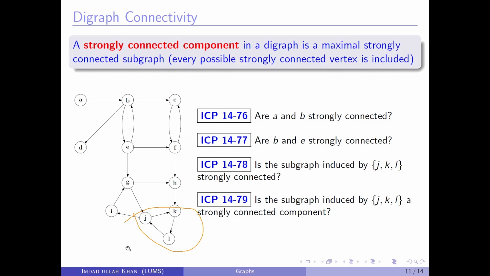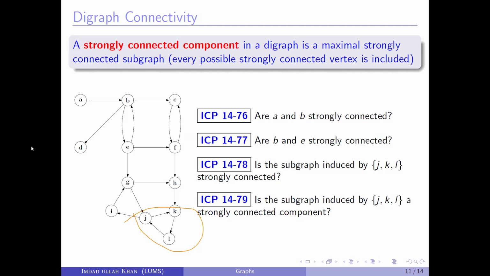By strongly connected components, we mean the maximal subgraph which is strongly connected. In other words, this will be a strongly connected component if we can't add any fourth vertex into this one. So take a moment over here and figure out whether it is a strongly connected component.